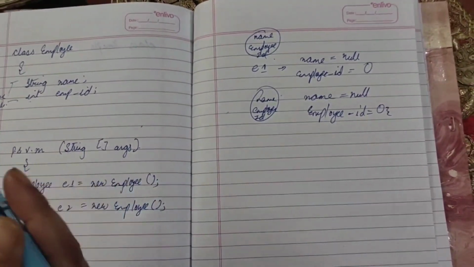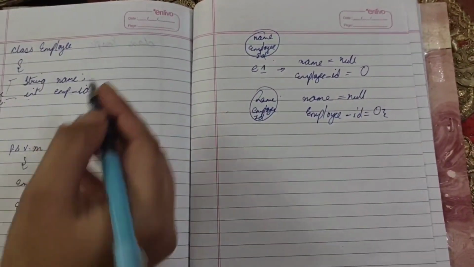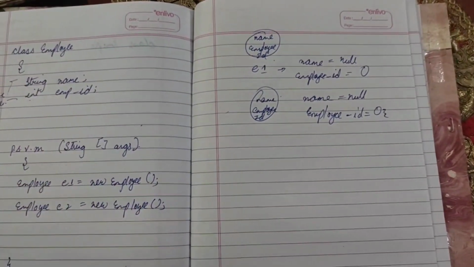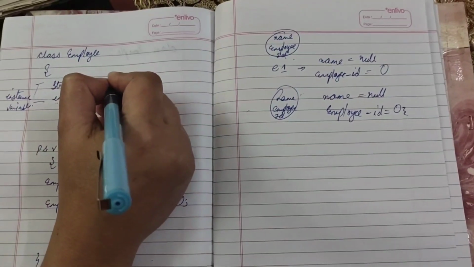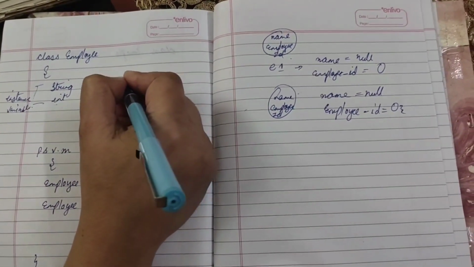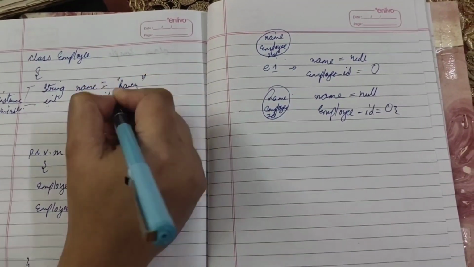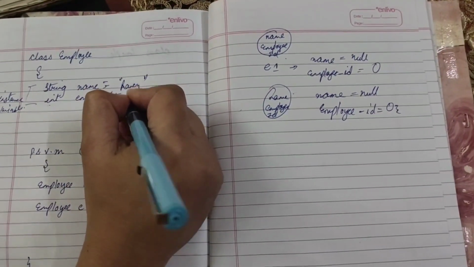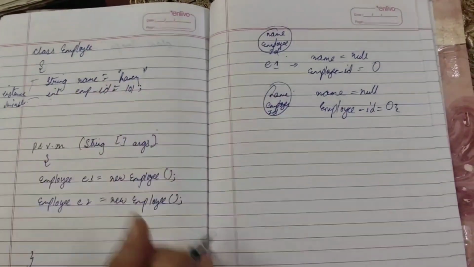This type of programming we do not consider good programming. Let's initialize a variable with the help of the reference variable only, with the reference technique. Then String name, let's consider the name as Rancy, and employee ID let's consider as 101.